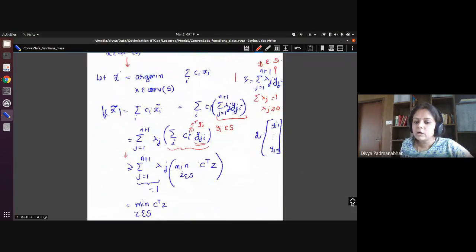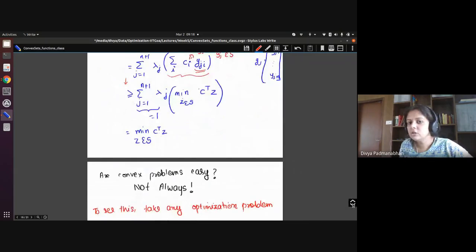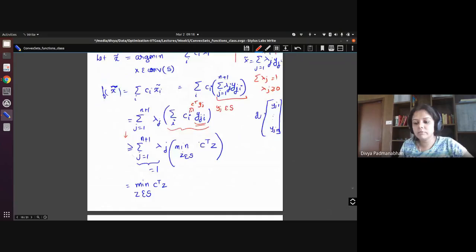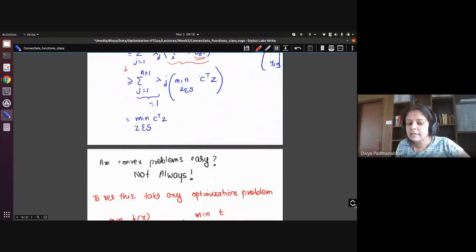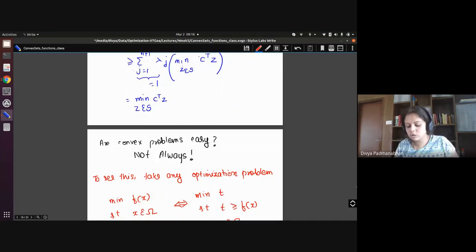Another thing which helps us see the utility of these convex hulls is to analyze convex problems, that is, minimizing a convex function over a convex set. Is this always going to be an easy problem?